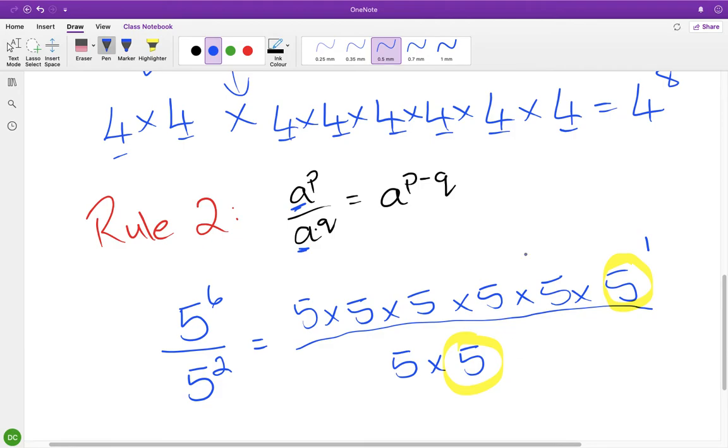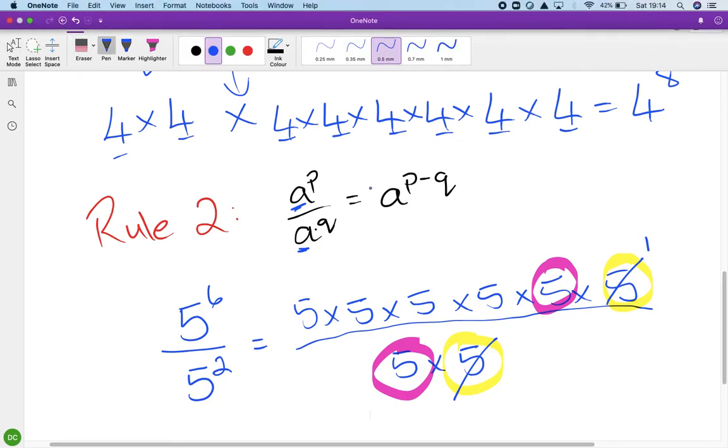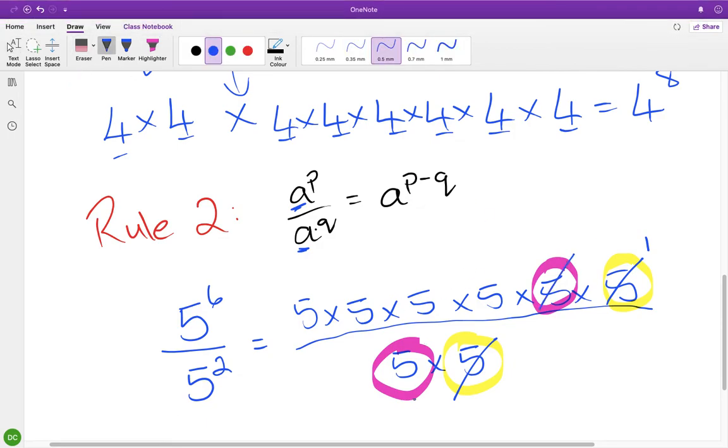Essentially the 5 on top cancels out with the 5 on the bottom, and it leaves a 1 in its place, which is not going to affect anything. And likewise here, I have a 5 that can pair up with a 5 here and give you that 1 again. So they will cancel out to give you a 1.